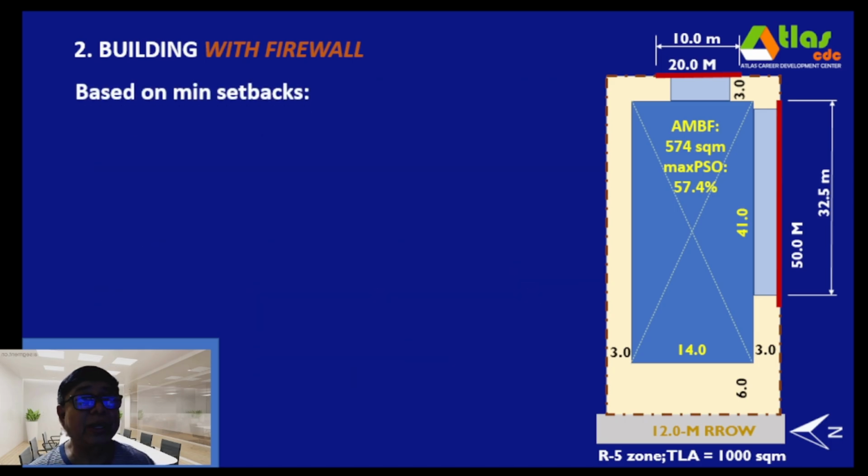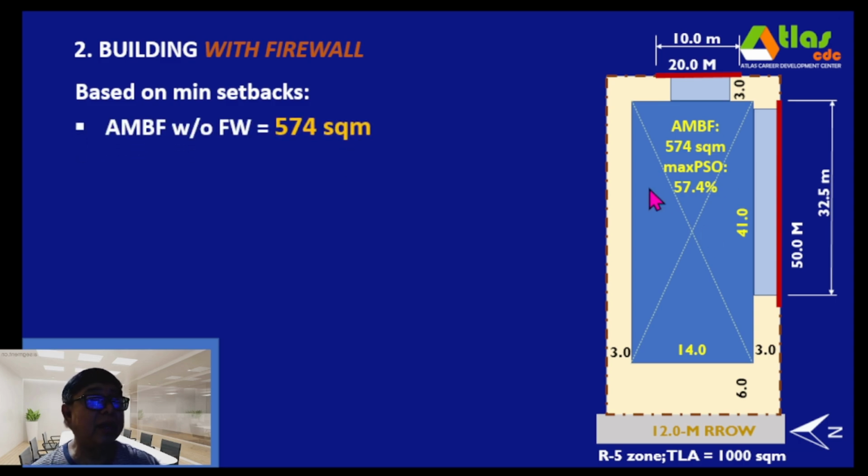or building footprint area. So if we are to compute now the AMBF based on the minimum setbacks, again, this is our AMBF that is based on the minimum setbacks. The 14 and 41 meters dimensions are all fixed, so which means that this setback of 3 meters minimum here and at the rear are also fixed dimensions.